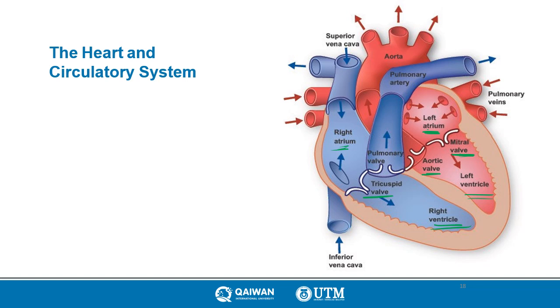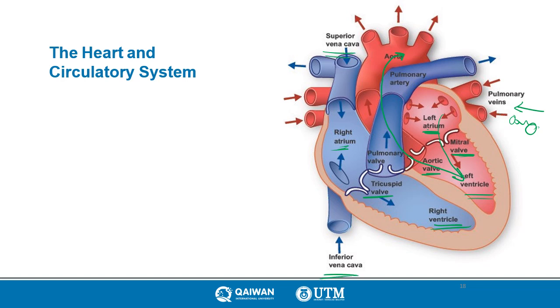So the blood will return from the lungs to the heart via the pulmonary veins, this oxygenated blood, and it will enter the left ventricle. Then it will be distributed to the human body via the aorta, while the deoxygenated blood will return to the heart from the body via the superior vena cava and inferior vena cava.